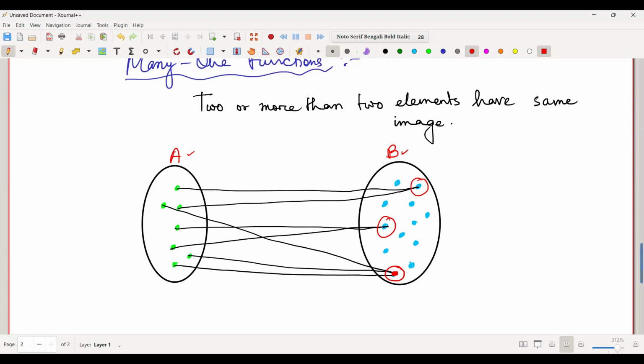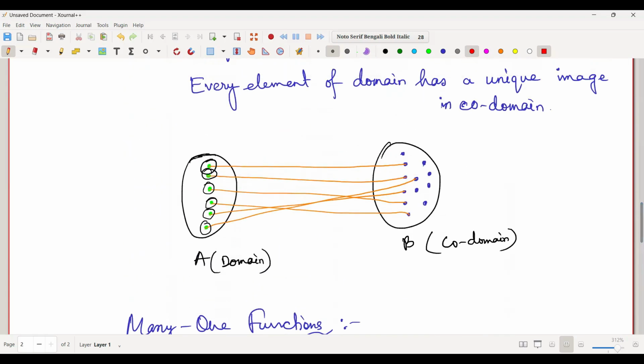Notice that in both cases, there are some extra elements in set B that have no pre-images.